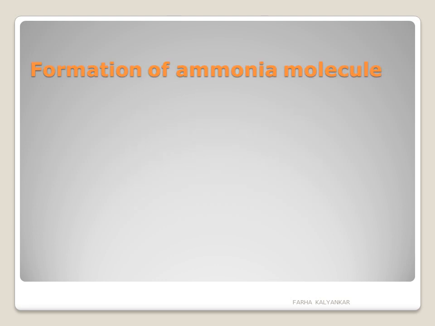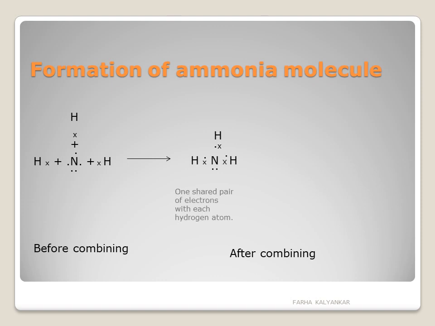Let's see the formation of another polar compound, that is, the ammonia molecule. Before combining, I have one atom of nitrogen and three atoms of hydrogen with their respective valence electrons. After combining, I have one pair of electrons being shared between nitrogen and each hydrogen atom, which leads to the formation of three single covalent bonds.